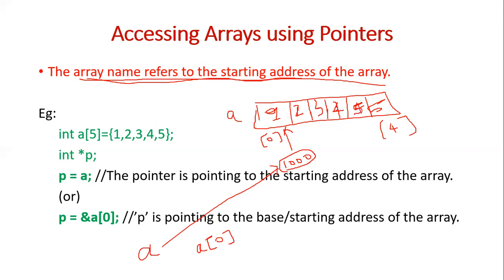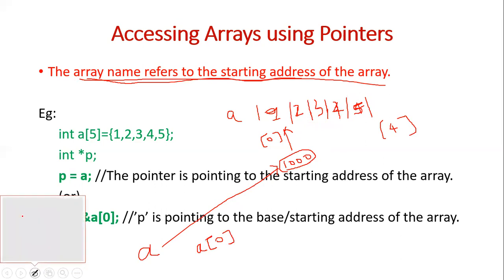Okay. So the array contains only 5 locations, and the last location is what you call A of 4. So it is A of 0 to A of 4, right?